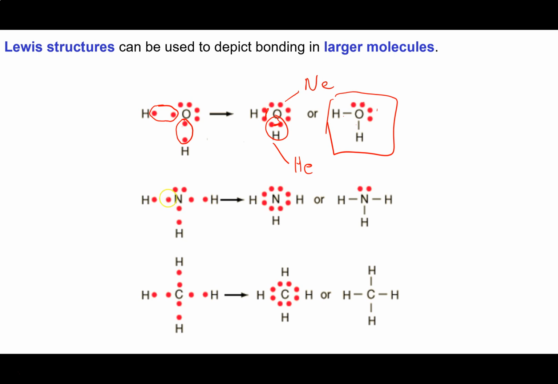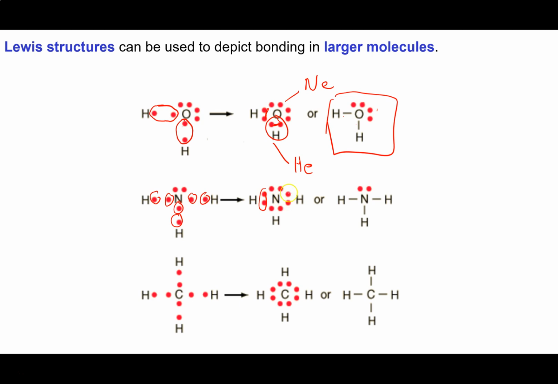Here we have nitrogen. Nitrogen has 3 octet vacancies, or 3 unpaired electrons. It loves to make 3 bonds, and so it will readily pair up with 3 hydrogen atoms, and then the nitrogen atom, you can see 2, 4, 6, 8, has 8 electrons around it, has a stable octet, and every hydrogen atom has a share of 2 around it, so it has a helium configuration.